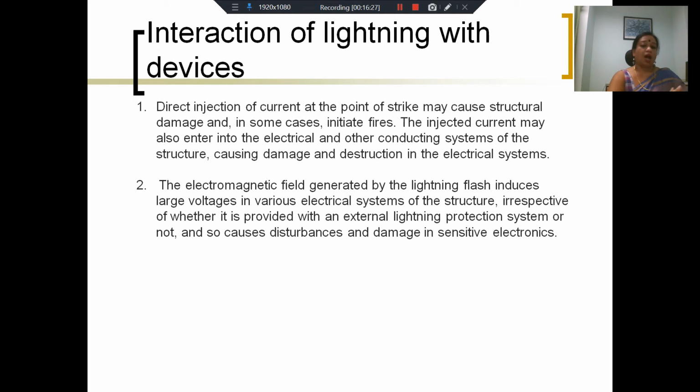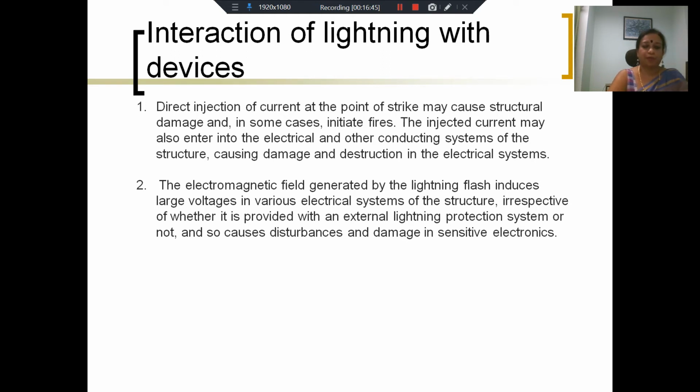Now, how does lightning cause danger to the objects around it? And here I'm not talking about power systems, but just any object. There are two principal ways by which lightning can interact with its surroundings and cause damage. One is, of course, a direct injection of current.